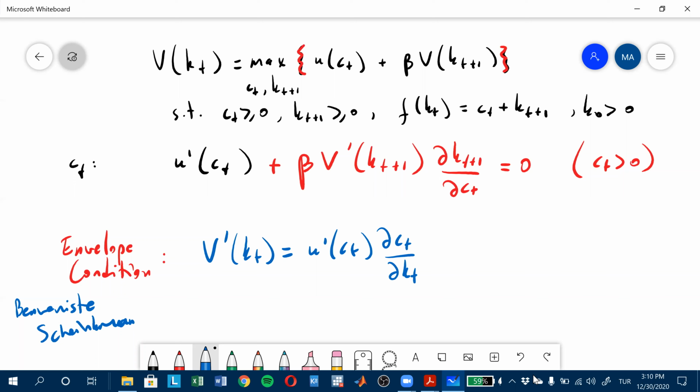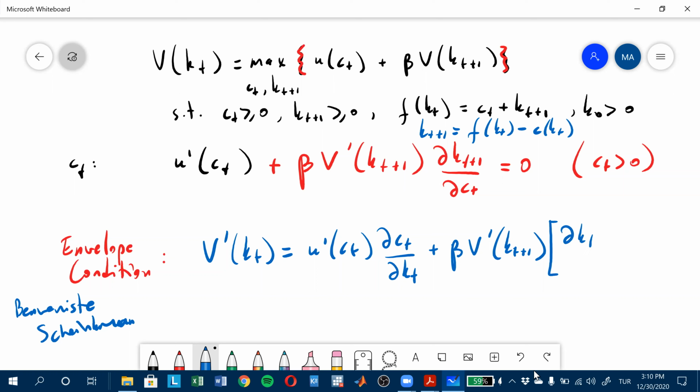I'm taking the derivative of both sides with respect to K_t. So K_{t+1}, how do I write that? K_{t+1} is equal to f(K_t) minus C(K_t), right? So, okay, let me first write it explicitly.